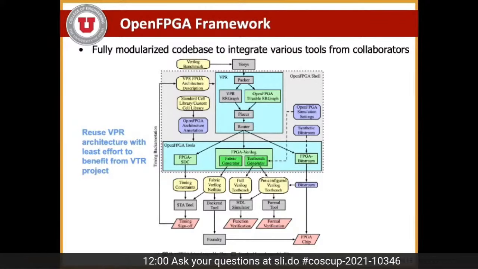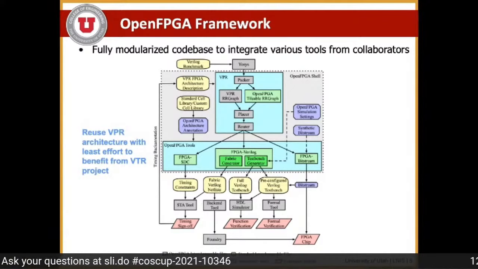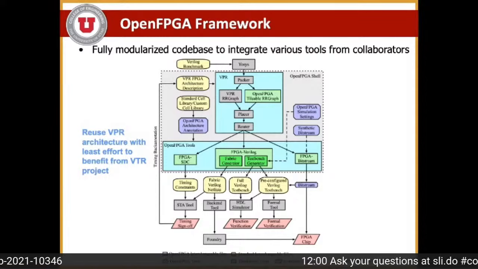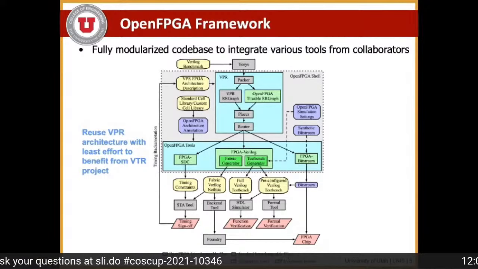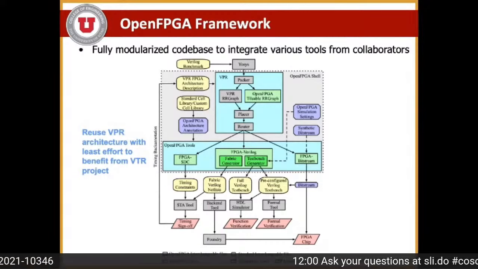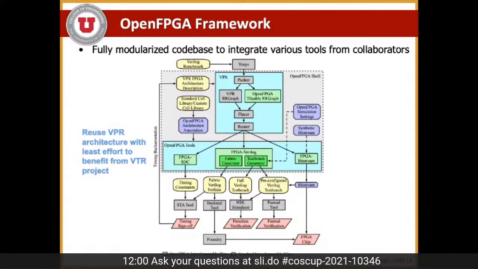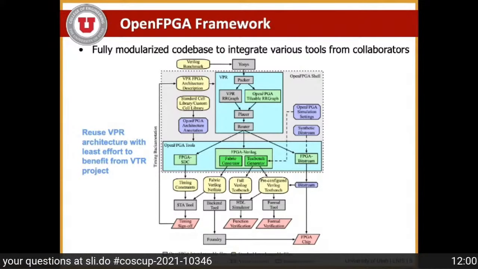So that's why, given the fact that VPR is extremely popular in the FPGA world, and it offers a very flexible architecture description language, OpenFPGA reuses the VPR architecture description language and is compatible with the architecture description file, so that any VPR users will take the least effort when migrating from a VPR project to an OpenFPGA project.